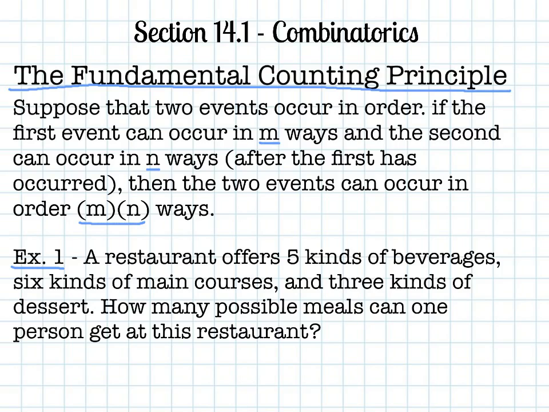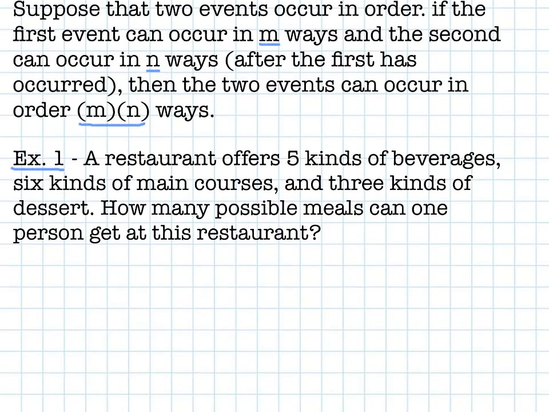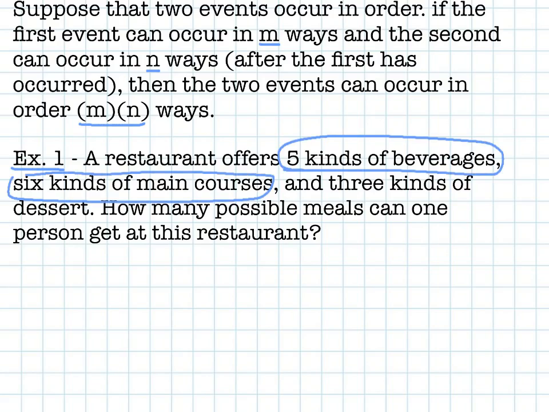Okay? So, for example 1, a restaurant offers 5 kinds of beverages, 6 kinds of main courses, and 3 kinds of desserts. How many possible meals can one person get at this restaurant? So here you have one distinct thing, which is the beverages, another distinct thing, which is the main courses, and another distinct thing, which is the desserts.